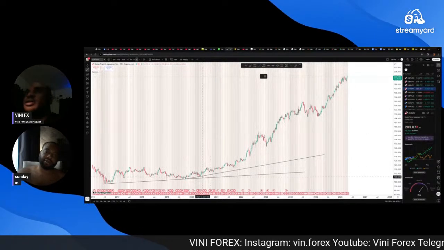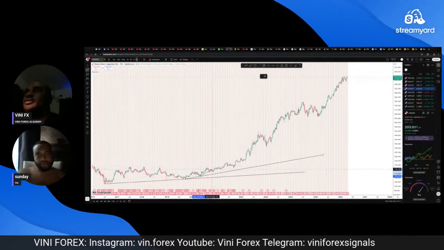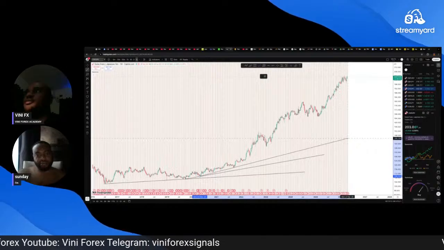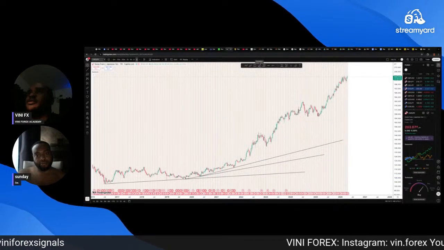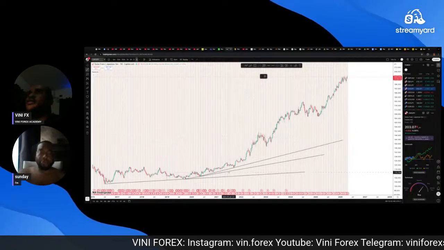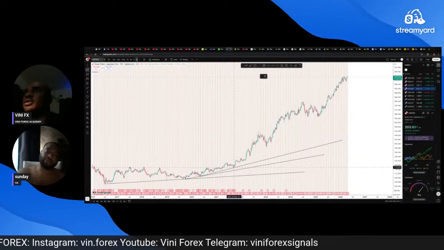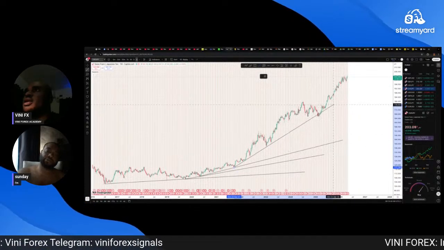Then the third one, starting from where the previous one stopped, a first touch and a second touch. So we are following the market with the trend line. Then take it again from the last point it touched, a first touch, a second touch, then you extend.